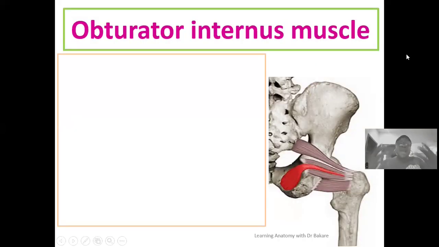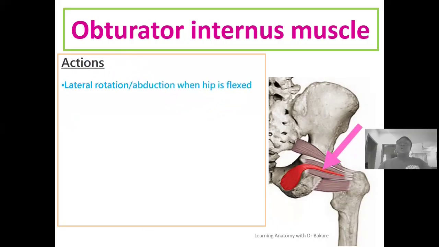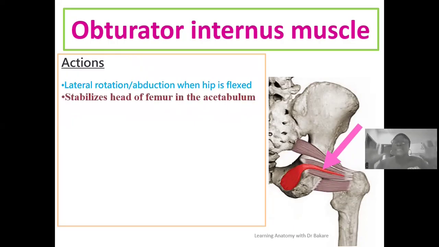So let's go through the action of this muscle and also the vessels that provide blood supply and innervation for it. The actions of the obturator internus include lateral rotation and also abduction of the thigh when the hip is flexed. It is also seen to help stabilize the head of the femur within the acetabulum.